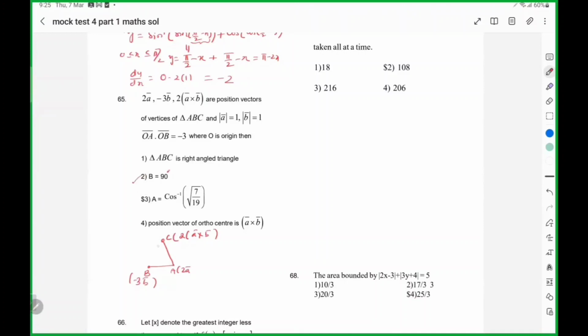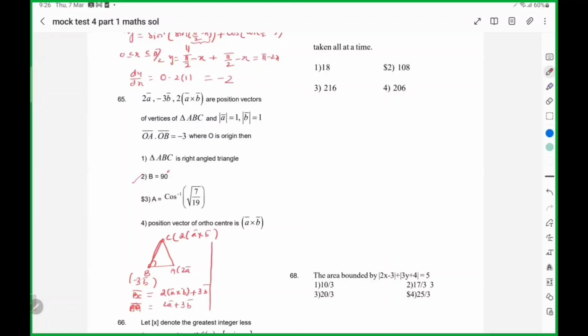Let us check. I will take BC vector as OC minus OB, which is 2 times A plus B plus 3B, and BA will be 2A plus 3B.